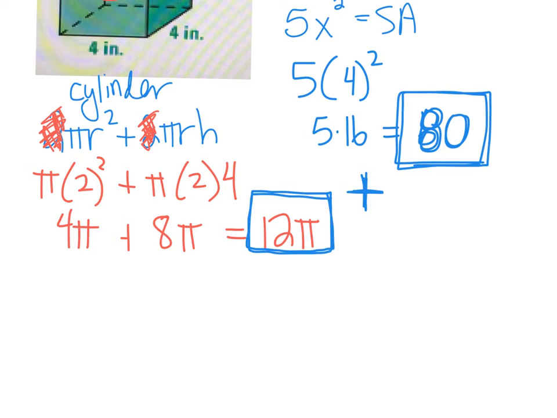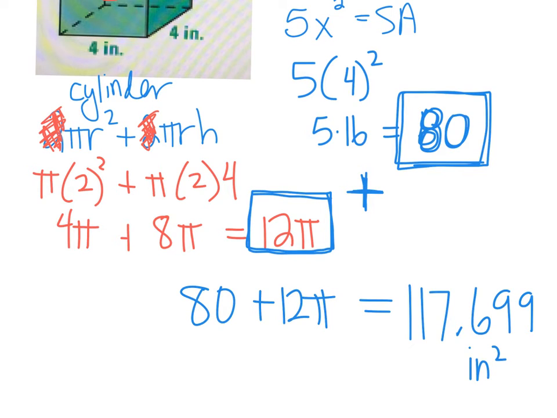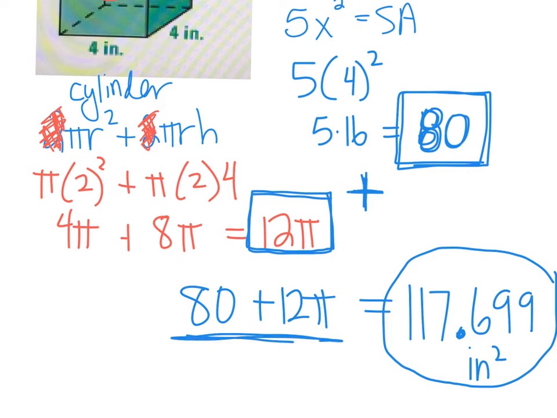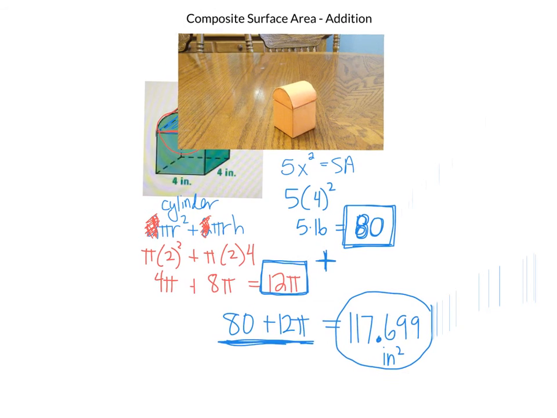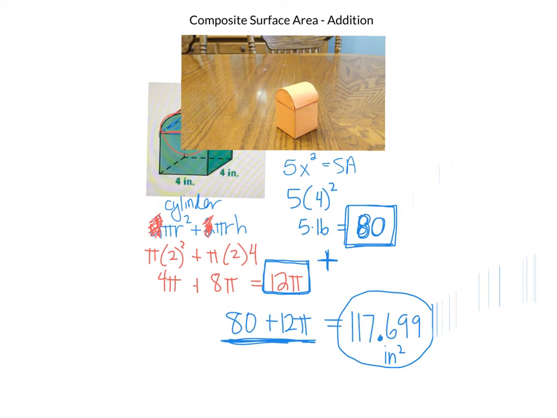But we can put this into your calculator, 80 plus 12 pi, and that will give us a decimal approximation. 117.699 square inches would be the approximation if we were to round to 3 decimals, but this would be the exact value, because there are no decimals involved and there's a pi there. One more example, and then hopefully you'll have everything down.